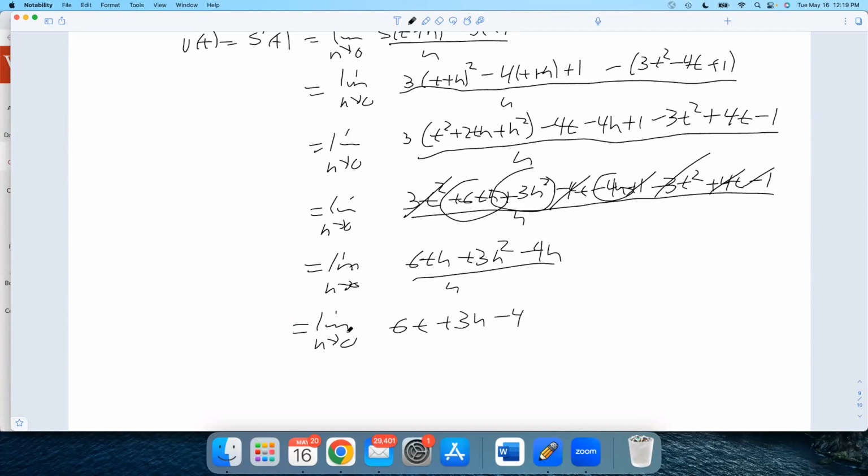And then finally, our last step every time is actually take the limit by plugging in h equals 0. I don't have to write limit anymore because now I'm doing the limit. So we get 6t minus 4. So my velocity as a function of time is 6t minus 4.